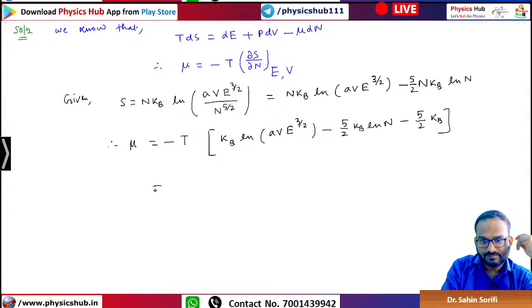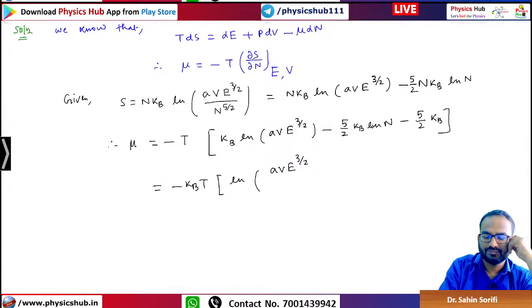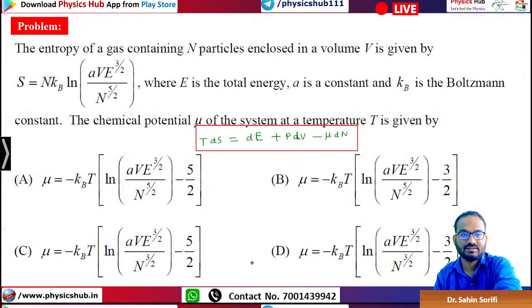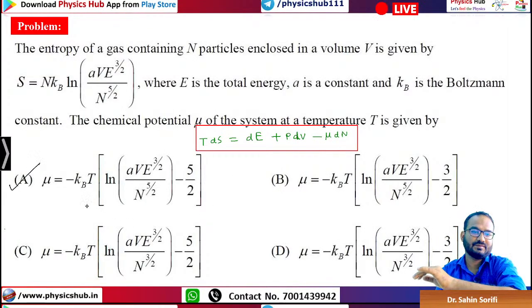Kb is common in all the terms, so let's take Kb outside: Kb T ln of A V E to the power 3 by 2, and with ln N, the 5 by 2 will go up and make N to the power 5 by 2, and this minus 5 by 2. It is the answer. Yes, option A is matching.